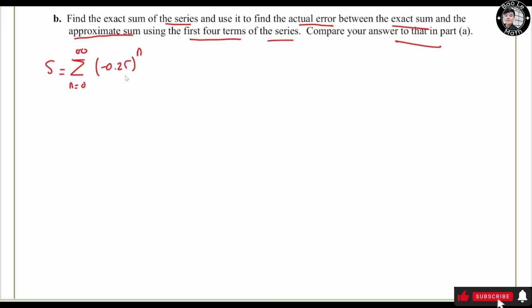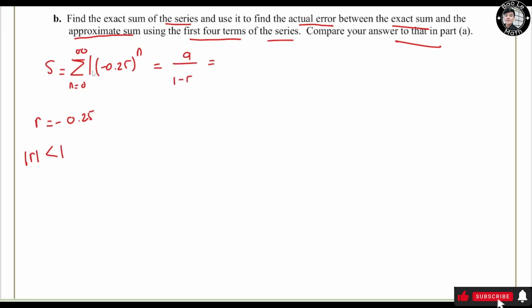Now this guy is actually a geometric series where the common ratio equals negative 0.25, right? So the absolute value of the common ratio right here is less than 1. So the geometric series converges, right?